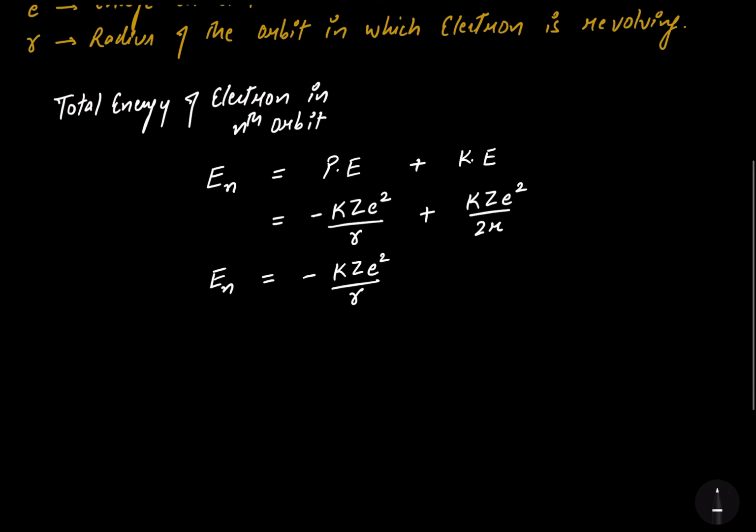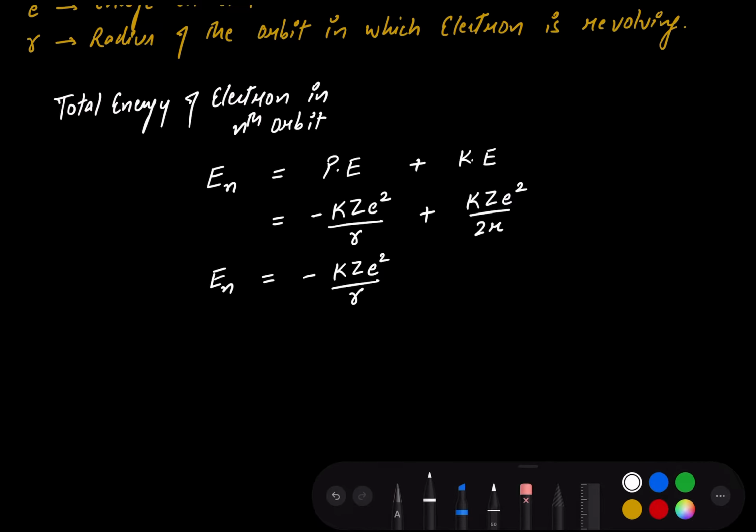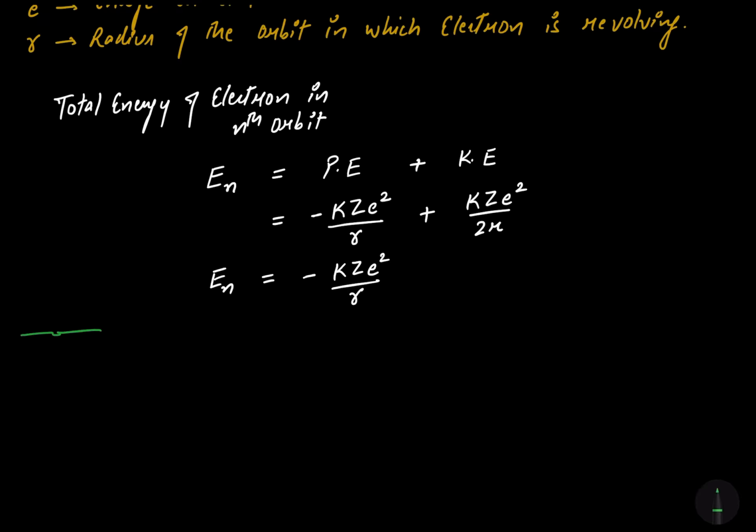Now in the previous lecture of Bohr atomic model, we have evaluated the radius of nth orbit to be equal to n square h square divided by 4 pi square m z e square k.